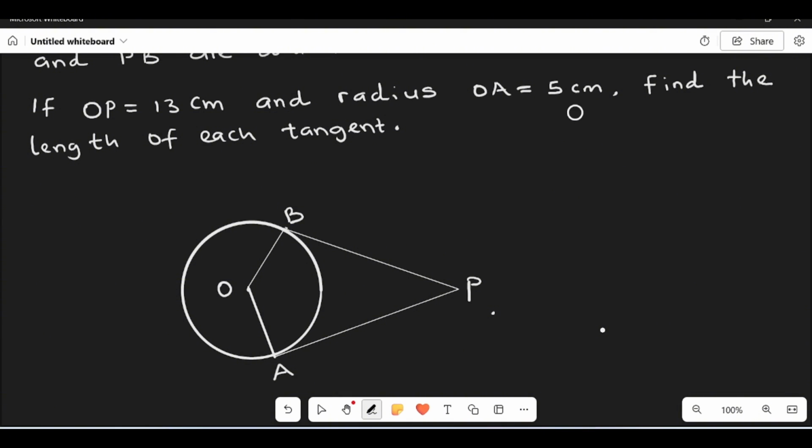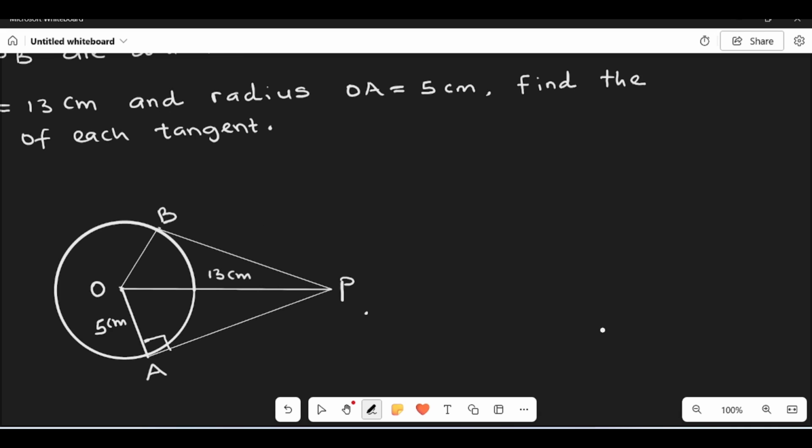So let us join OP, and OP is 13 centimeter and OA is 5 centimeter. And I want you to remember that radius and tangents meet at 90 degrees. So we can use Pythagoras theorem for our triangle OAP.